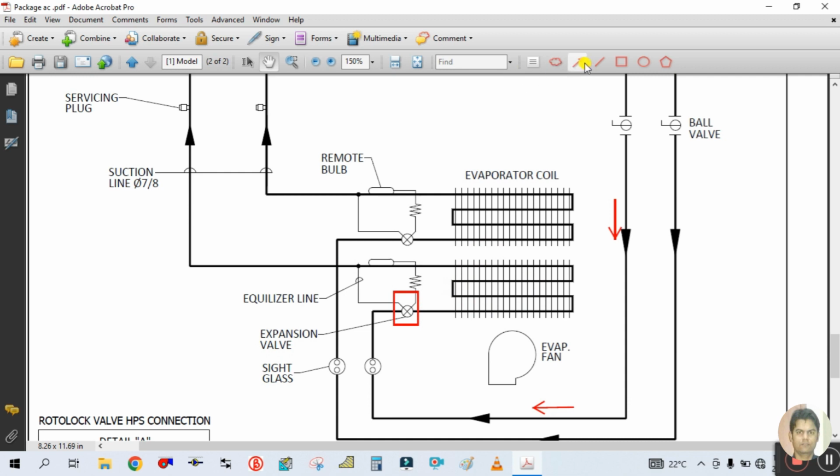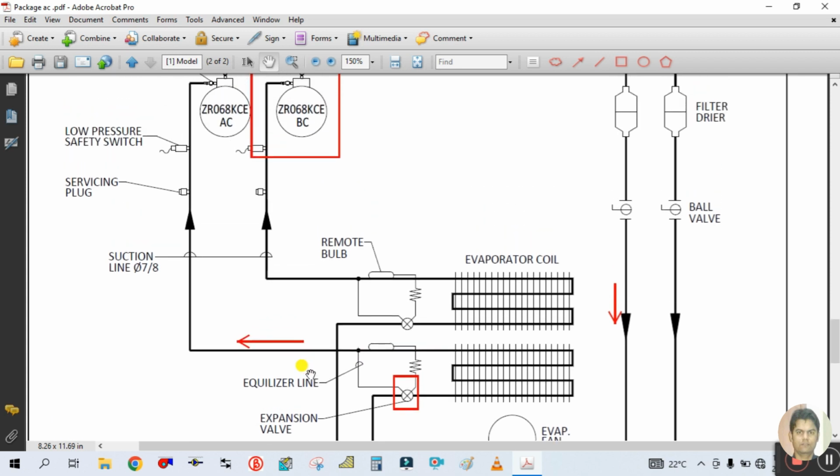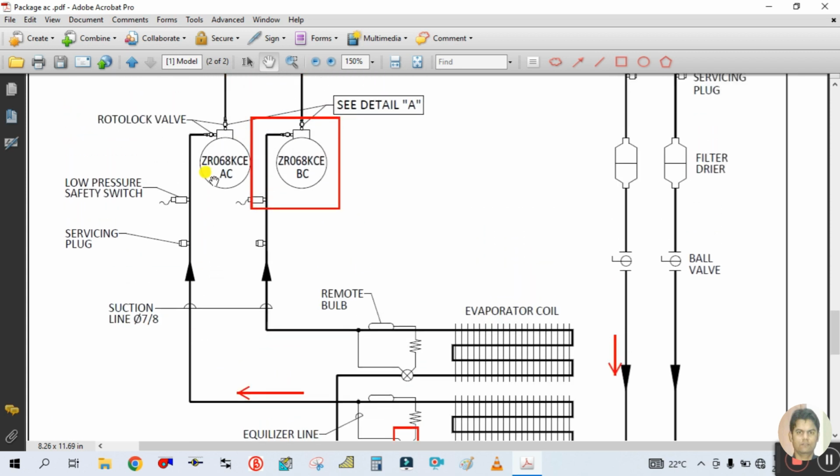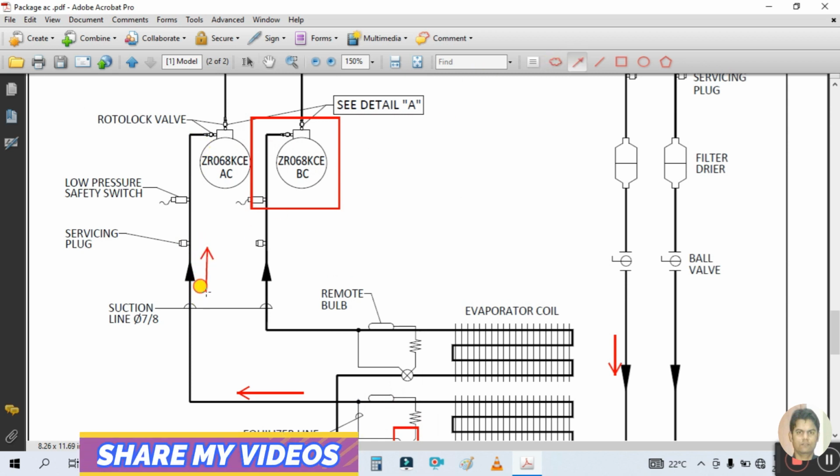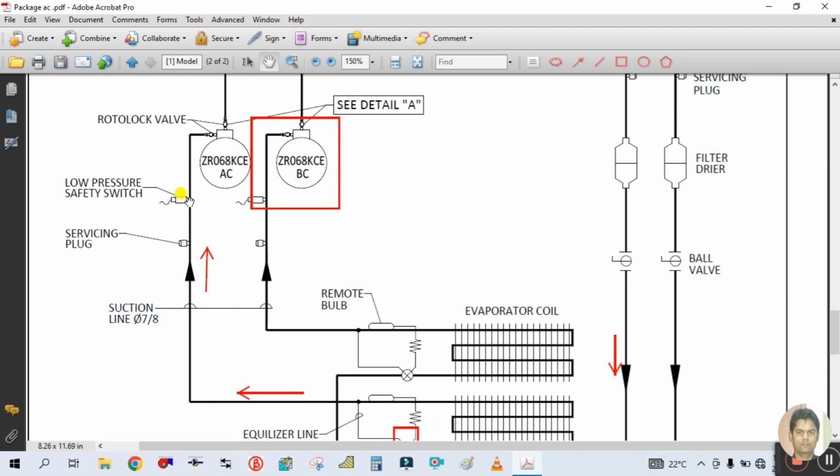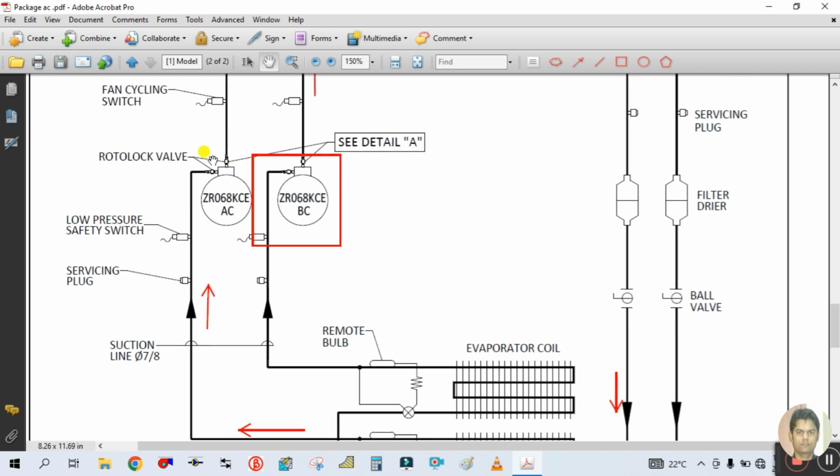This low temperature and low pressure vapor refrigerant will pass through the discharge line of this evaporator coil, or we can say suction line, and it will enter this compressor.